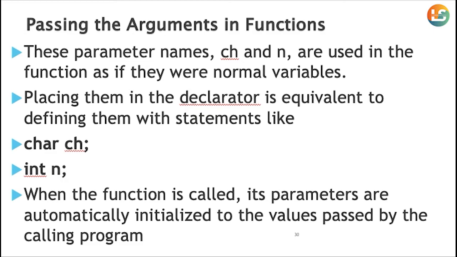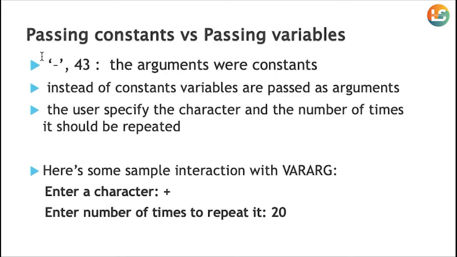In the dash and 43 example, the arguments were constants. Instead of constants, variables can be passed as arguments. The user specifies the character and the number of times it should be repeated. For example, you can ask the user to enter the character to print. The user entered plus. You also ask the user how many times to repeat it. The user entered 20. Then you can pass these two variables in the function call.